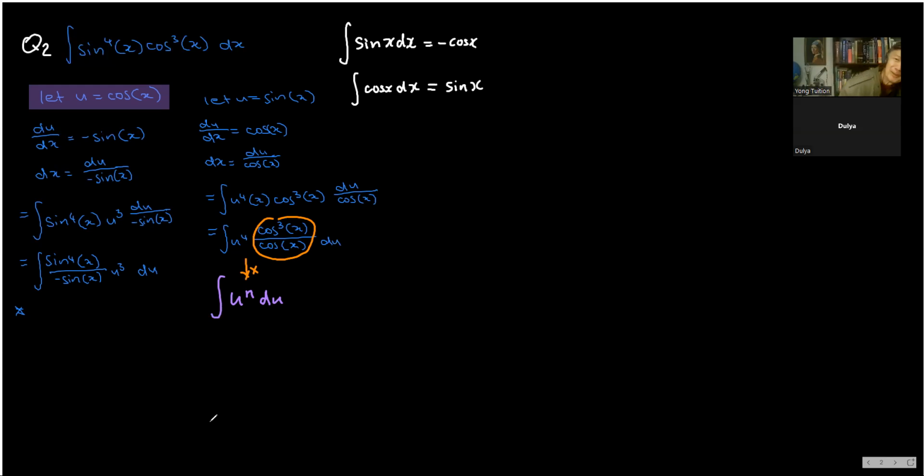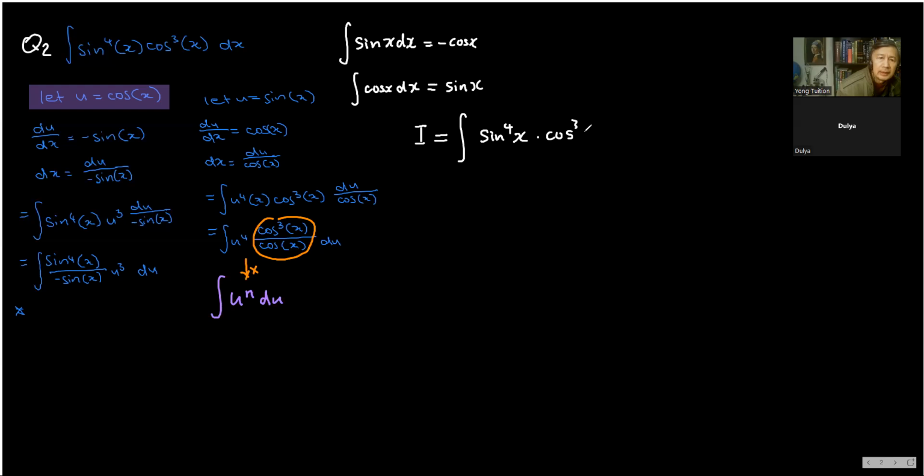Okay, I show you my way. I just copy this formula here. So basically in the exam you have an integration function. You got a sine to the power 4, and there's also a cosine to the power of 3, right?